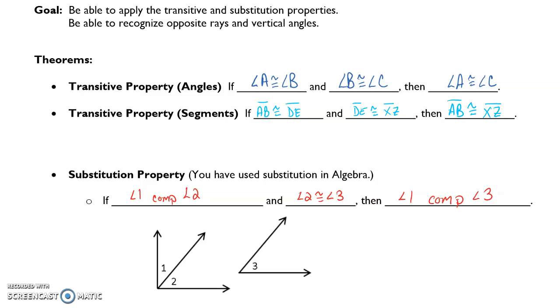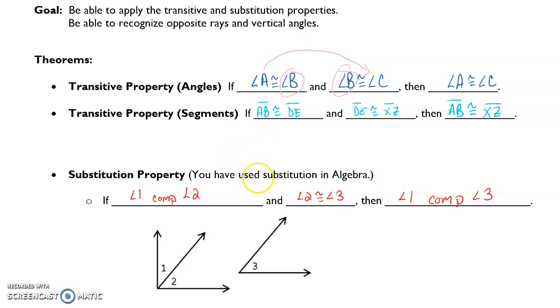So, if we take a look at the transitive property, it states that if angles or segments are congruent, so if angle A is congruent to angle B and angle B is congruent to angle C, we can skip the middleman. B and B kind of match up, and we can go straight from A to C. This is the chain rule, the logic rule we learned in chapter 1.